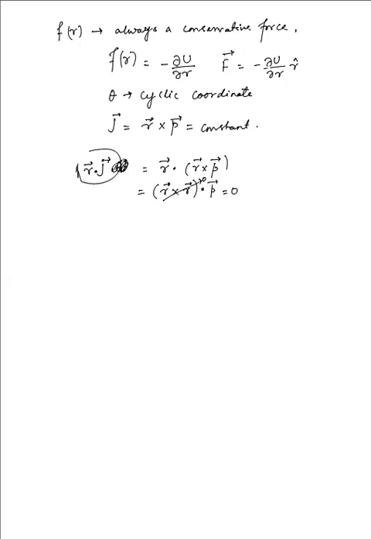Now with R being the position vector, that is always perpendicular to the angular momentum, and so this gives us an idea that this motion under the central force is always restricted to a certain plane. It cannot be taking different planes.